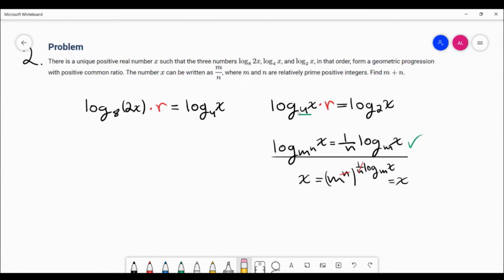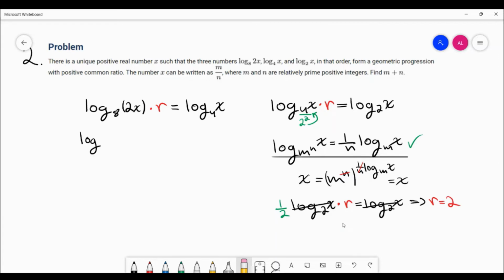But notice that 4 is the same thing as 2 squared. So we can actually factor a 1/2 and simplify this expression right here, just like this. Times r equals log base 2 of x. But now these logarithms cancel, and we have that r is equal to 2.